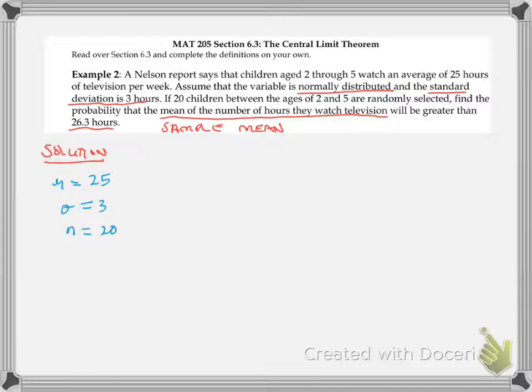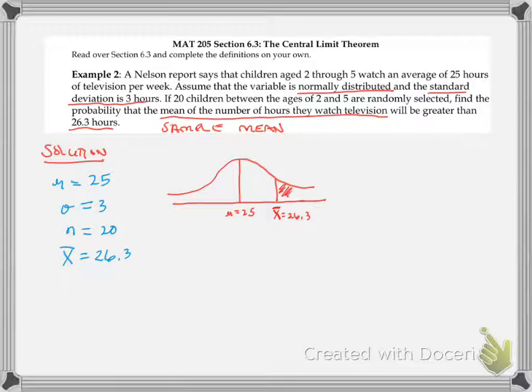Now X bar, the sample mean, is 26.3. We know it's a normal curve, so let's draw one. We know mu is 25 and X bar is 26.3, and we want the probability of greater than, so we're looking to the right.